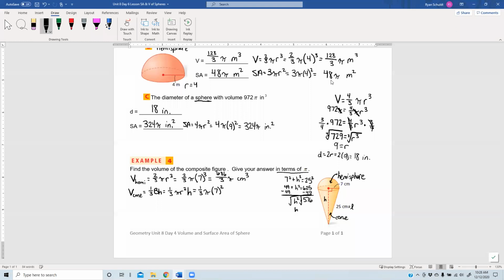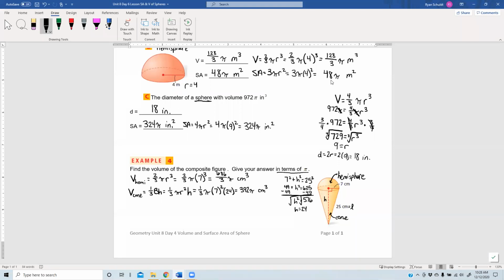Square root it, and we get h is 24. So we'll put all this in the calculator except the pi, because they want our answer in terms of pi. And we would get 392 pi centimeters cubed.